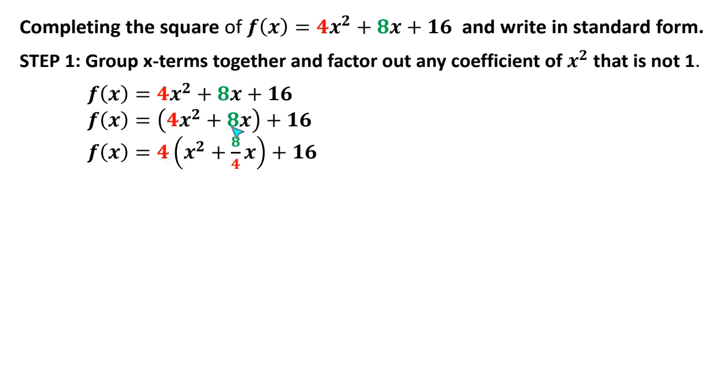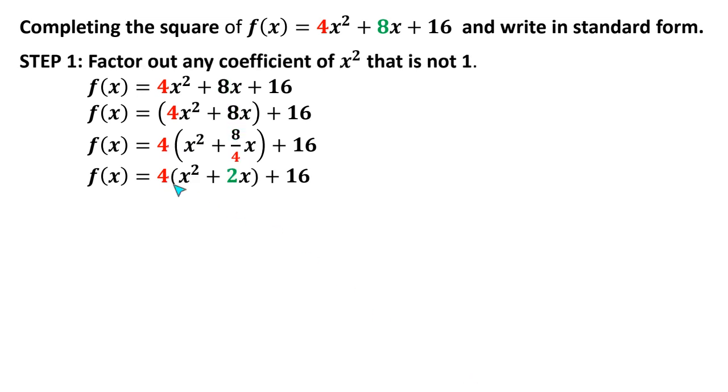And if I take 4 out of this 8, what's really happening is you're just dividing by 4. So 8 divided by 4 is going to be 2. And so here we have 4 times x squared would have been 4x squared, and 4 times 2x is going to be that 8x. Okay, so if you're having a hard time factoring out a number, just remember you can divide by that factor and it's going to give you your answer here.